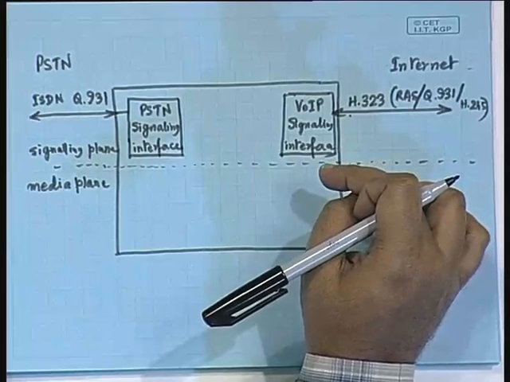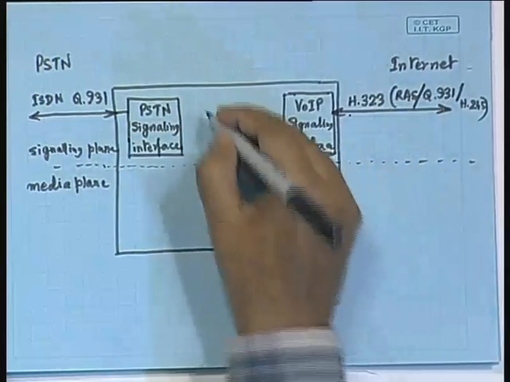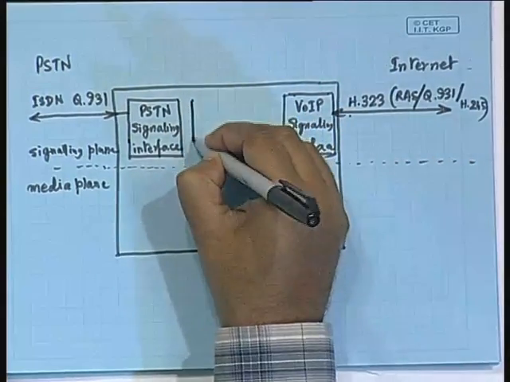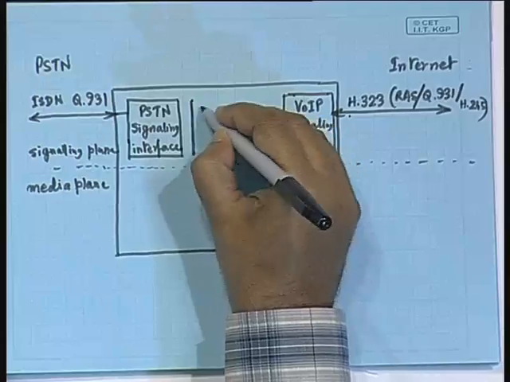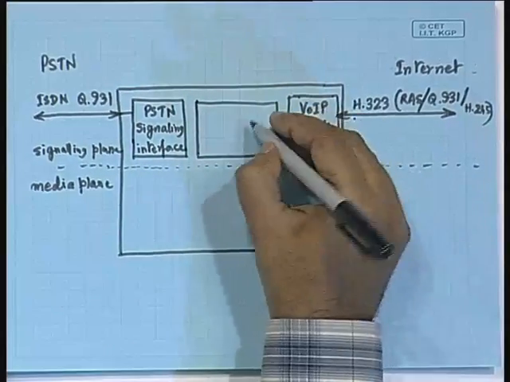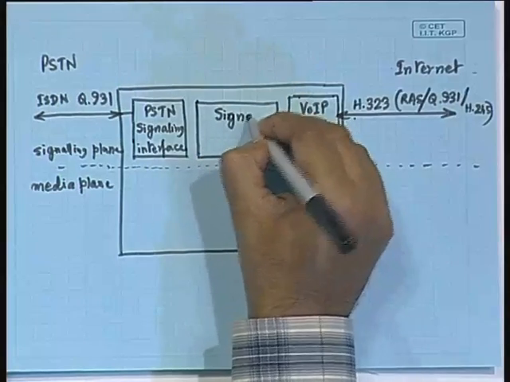So, we must have a block that does the signaling conversion, in between the PSTN signaling interface and the VoIP signaling interface.